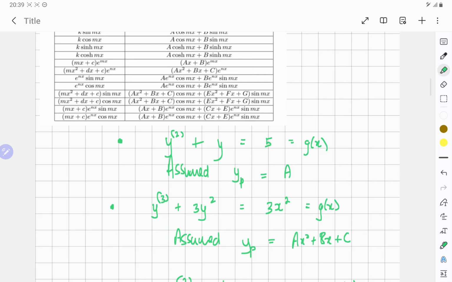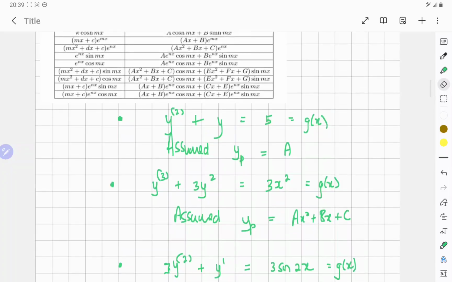So what we will do later, we will first solve the homogeneous linear differential equation. So we'll solve the complementary function first, and then after that we will use g(x) to solve our particular solution.